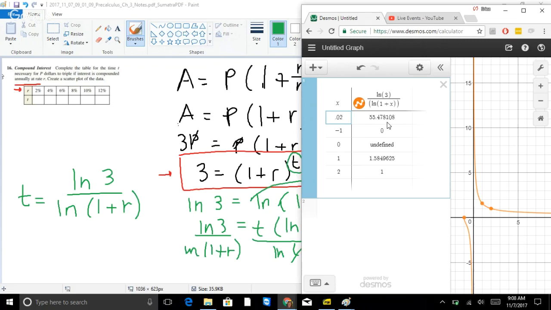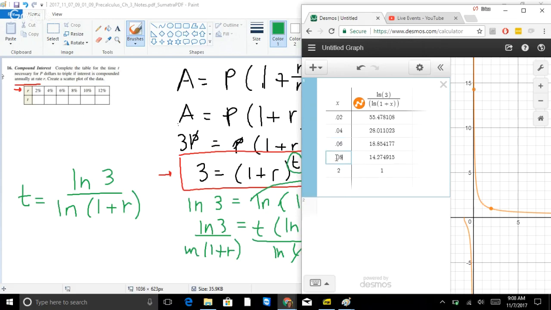So to go from $100 to $300, at an interest rate of 2%, it would take 55 years. Let's just keep filling in this table. At a rate of 4%, it only takes 28 years. At a rate of 6%, it takes 18 years.